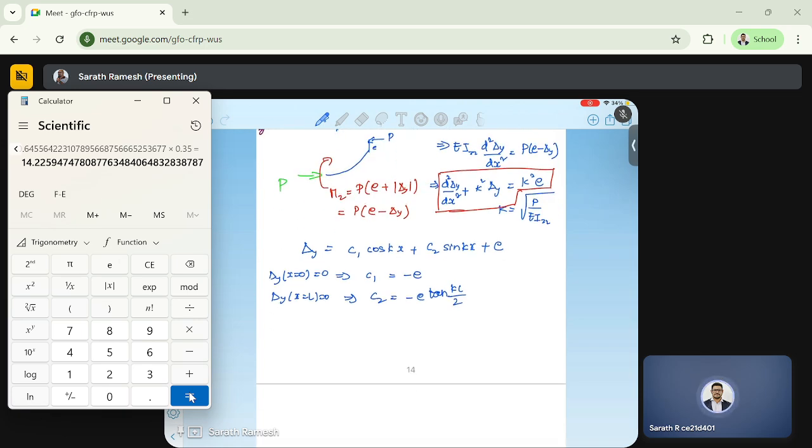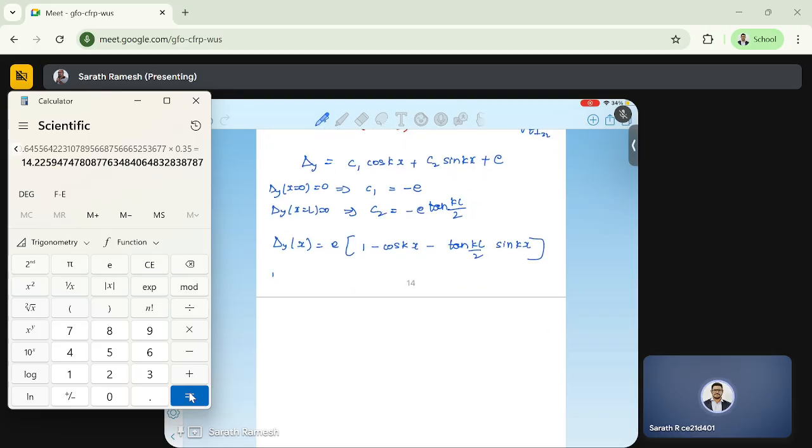So when we substitute everything, we will get the deflection expression, that is delta y of x is e times 1 minus cos kx minus tan KL by 2 sin kx. And if you want to find the maximum deflection, we can equate d delta y by dx to be 0, and we will get x equal to L by 2, the maximum location.